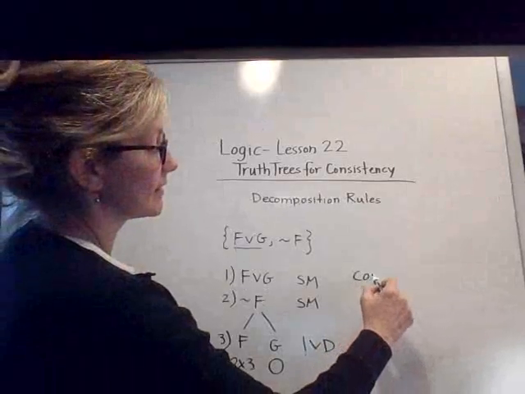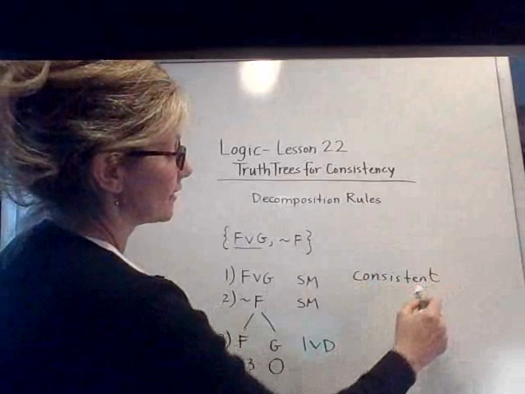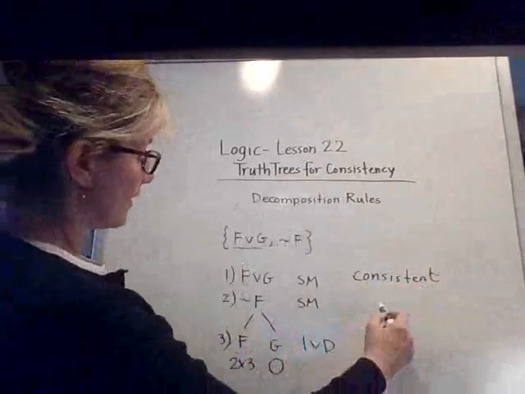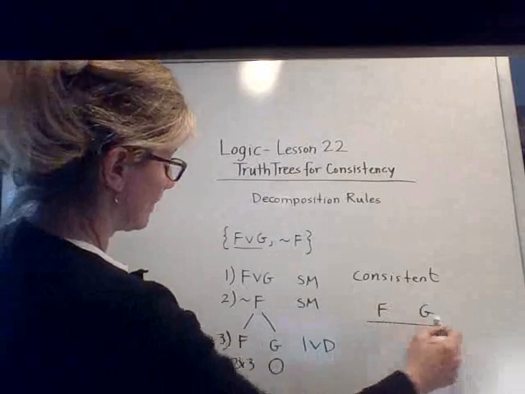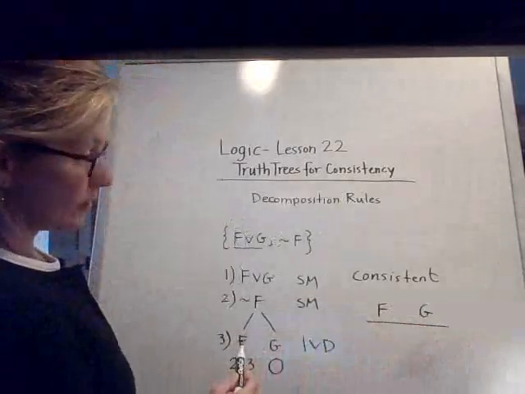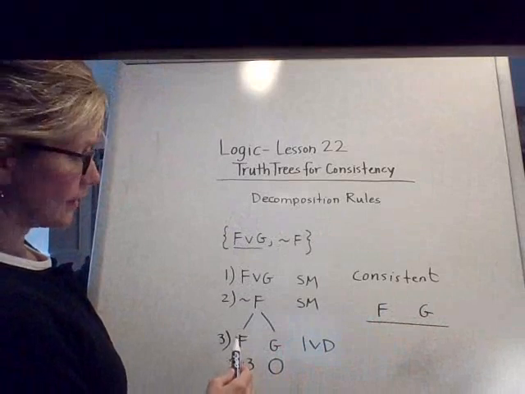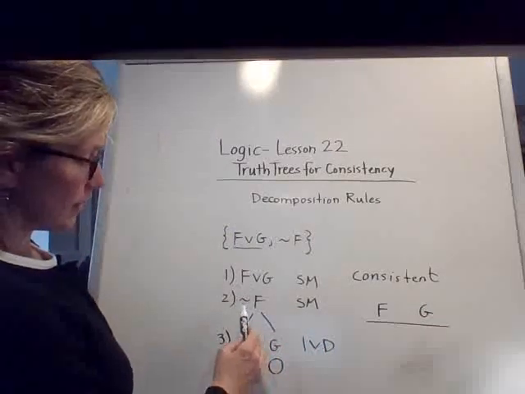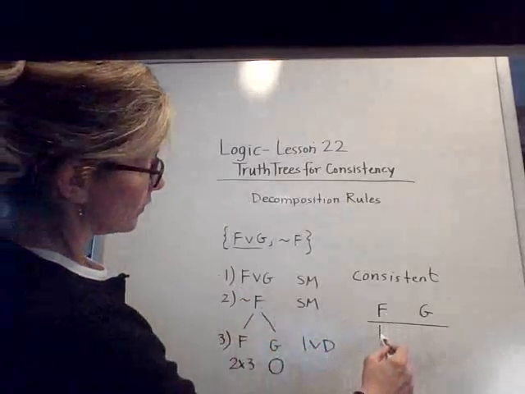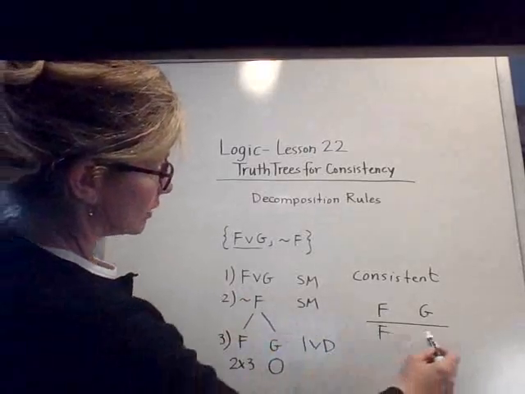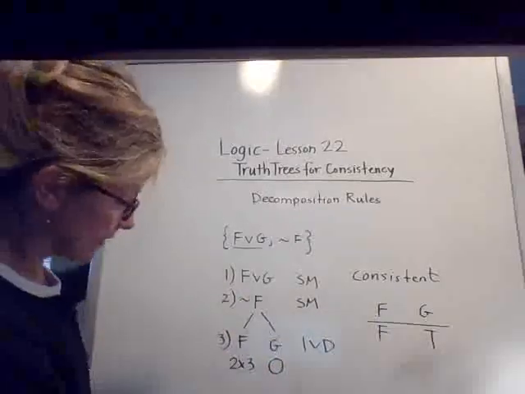So this is consistent, and we can write down the truth values. So we have an F and a G. Well, we're looking at this branch here, so not F is false, and G is true. So those are the truth values for that one.